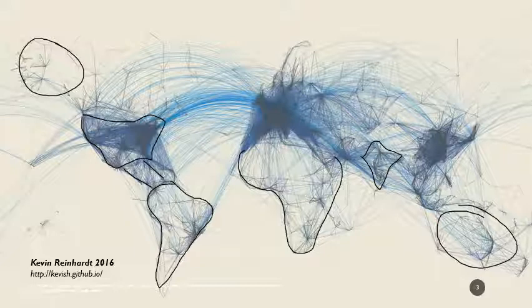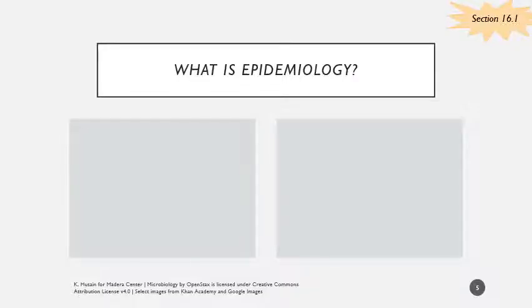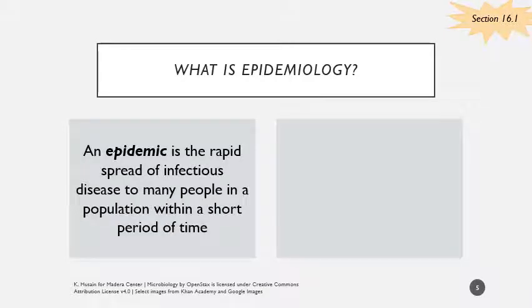So we're going to be thinking about measuring this movement and measuring the disease progress in different populations throughout the course of this lecture. So if we're thinking about defining first and then quantifying epidemiology, the first thing we have to define is epidemiology. That relies on knowing what an epidemic is.